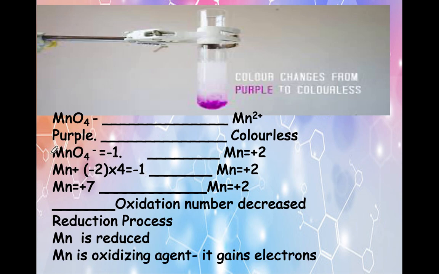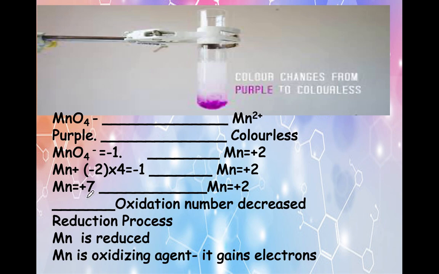Here the whole ion has a -1, and here the ion is +2. Let's see here, the manganese is +7. If we make an equation, manganese plus oxygen -2 times 4 equals -1. That means -8, -1, with the positive, it will become +7.